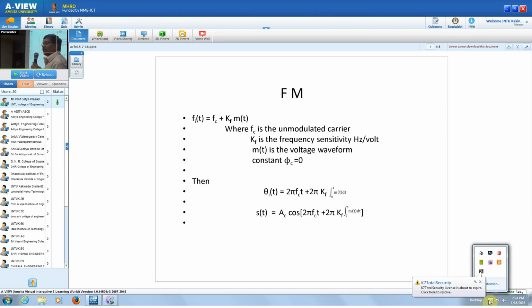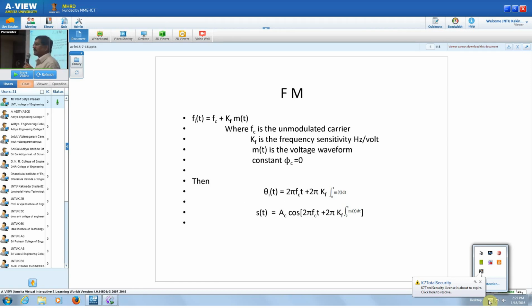So when m(t) is 0, you are having the frequency as f_c, the instantaneous carrier frequency, the unmodulated carrier frequency. Then because we are talking about frequency modulation, the frequency is linearly varying with k_f into m(t), where k_f is the frequency sensitivity.